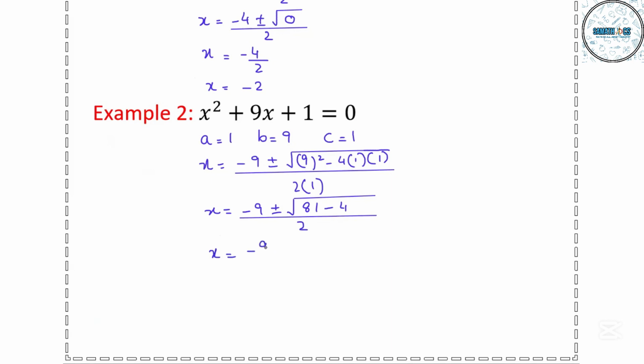We simplify it further and get minus 9 plus minus under root 77 upon 2.